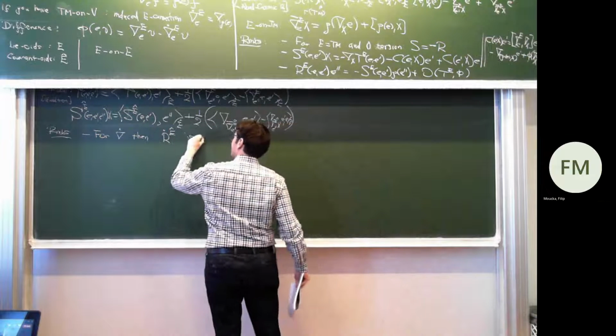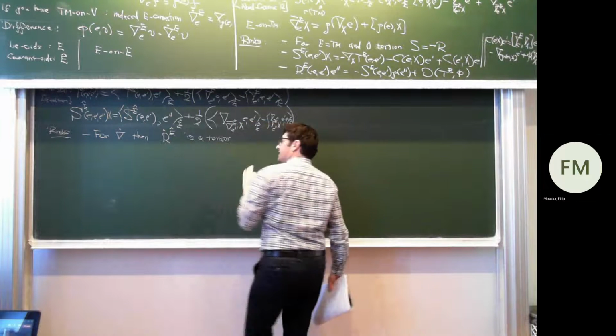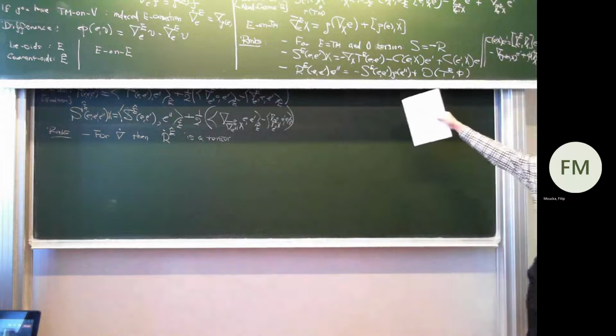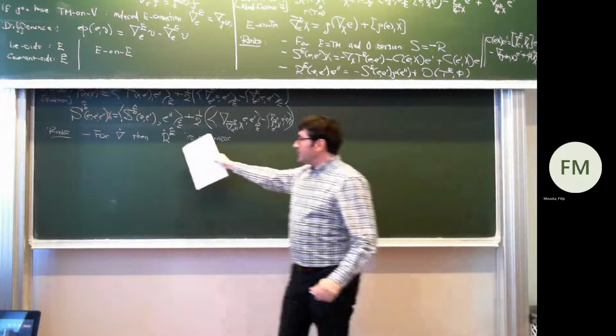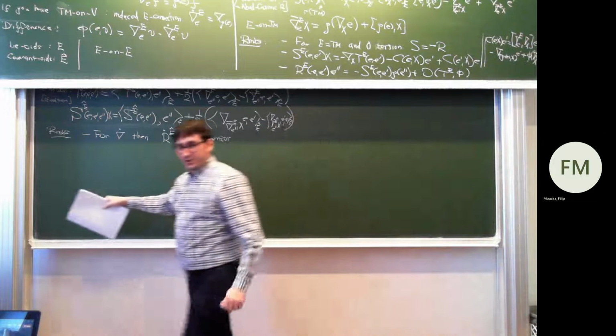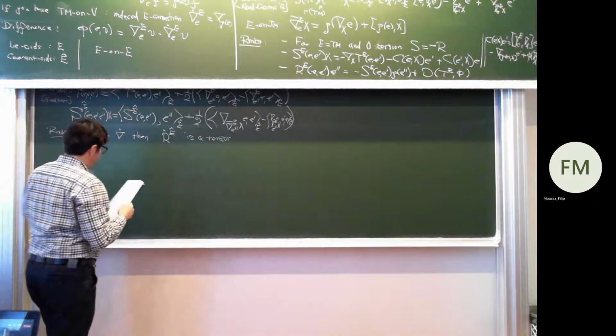So the E curvature is a different story than the other two objects. The other two objects are never tensors. The E curvature is a tensor for Courant algebroids for the induced connection. So they have this fundamental difference.